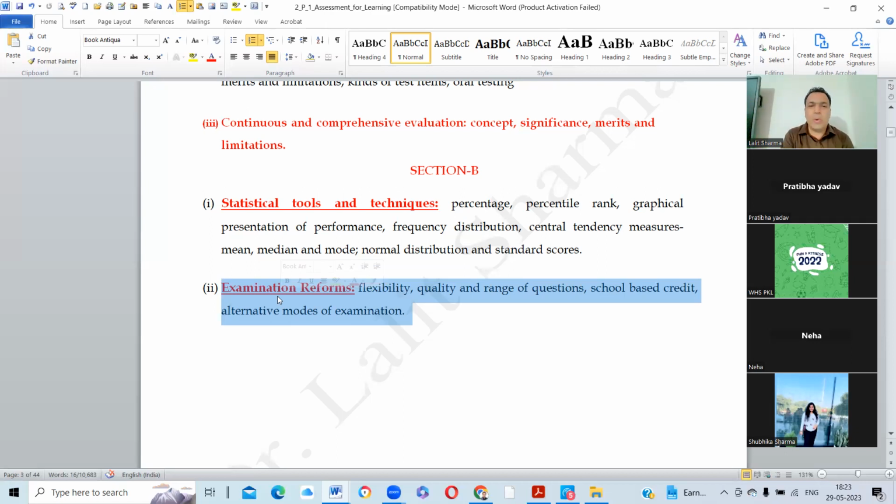Similarly, guys, look at this: 10 to 15 years back, the examination system was so difficult. Now I'm talking about examination reform, okay, under section B. Now there is a lot of reform in the examination system. You can take the examination system of your choice.